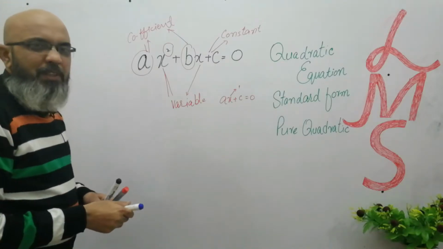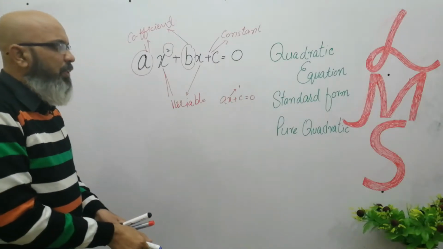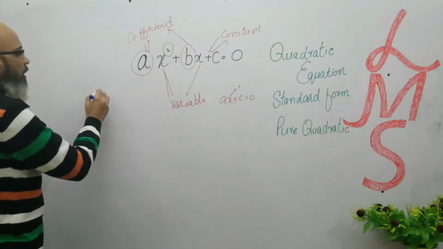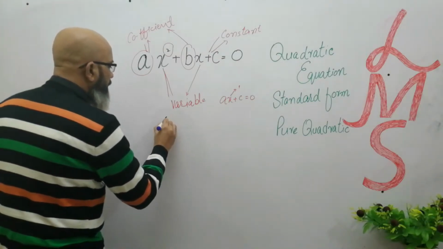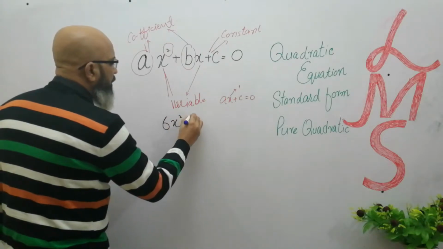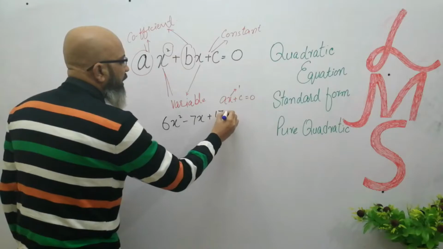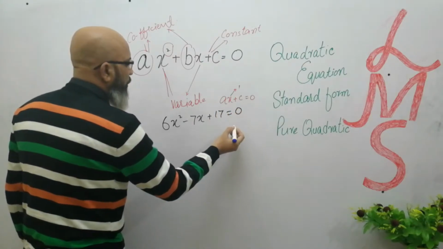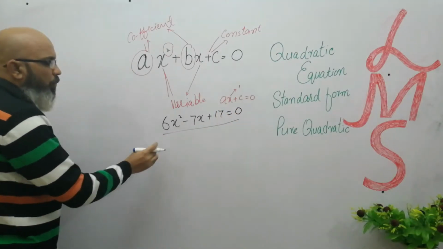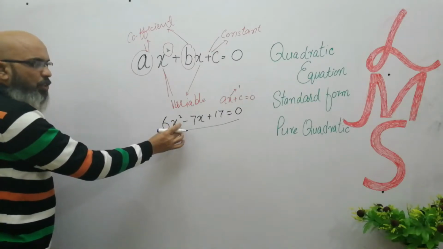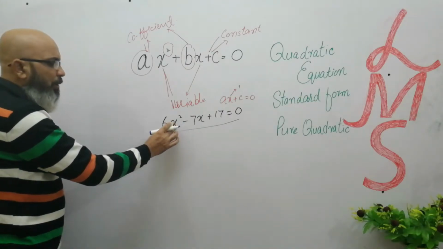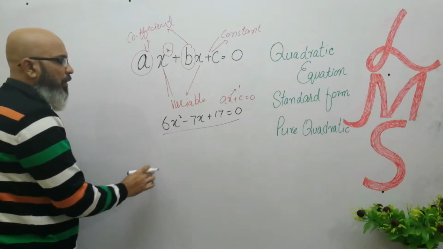Now I give you some examples for your understanding of examples of quadratic equation. If I write 6x square minus 7x plus 17 is equal to 0. So this is your quadratic equation because it is the equation of second degree of variable, means highest power is 2.